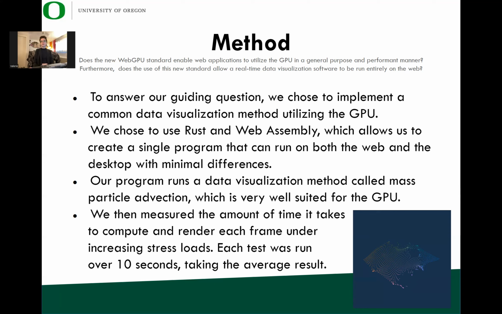Rust is built for safety, security, and performance. And WebAssembly is a modern thing that allows us to use Rust, which is typically a compiled language, meaning it does a bunch of the calculations up front to make it faster. It's a compiled language, which means that typically it wouldn't be able to run on the web.